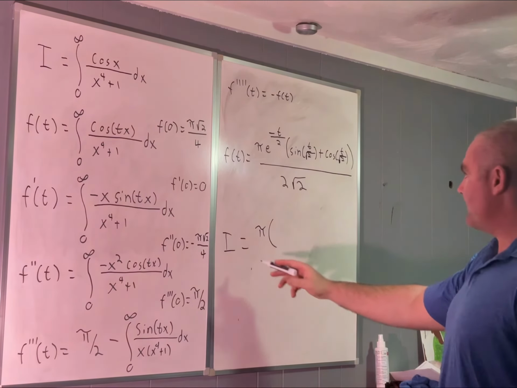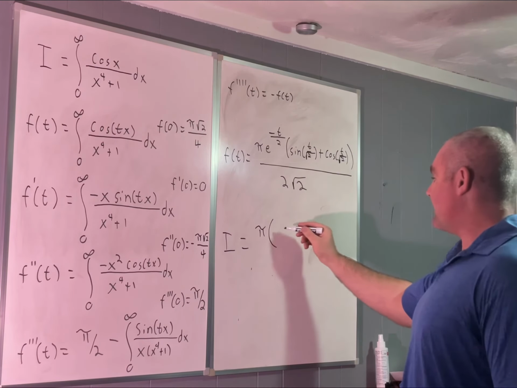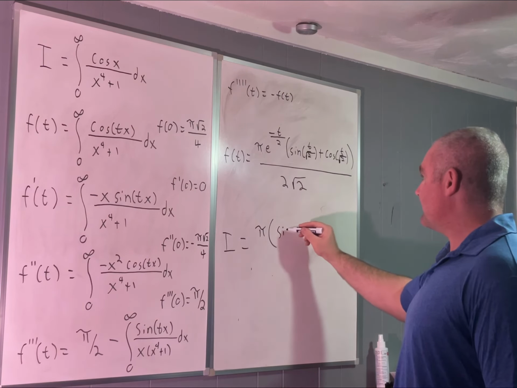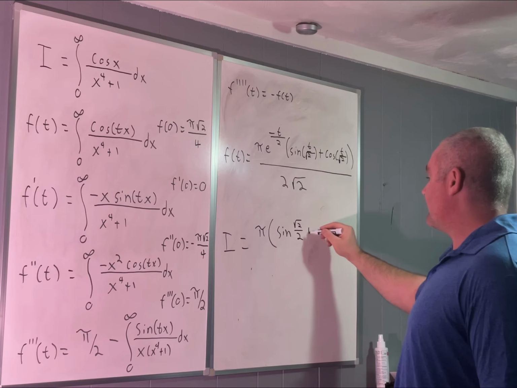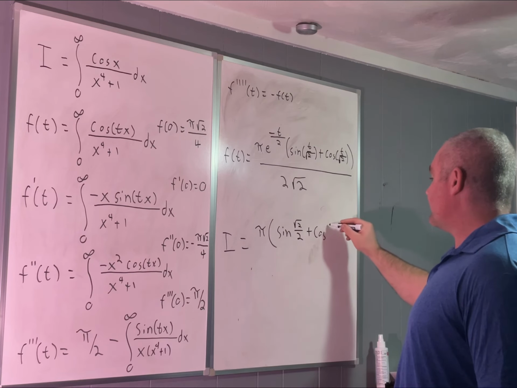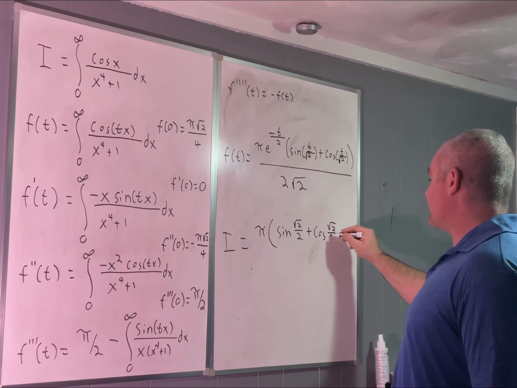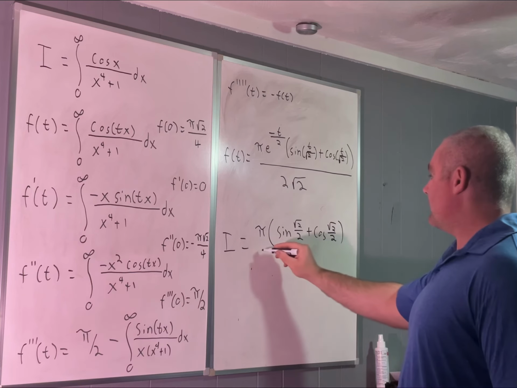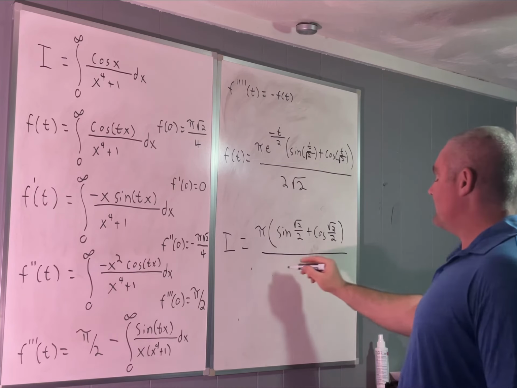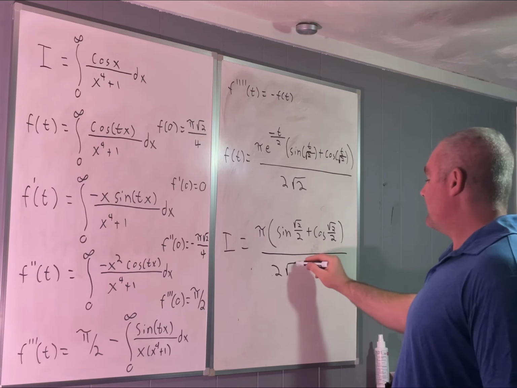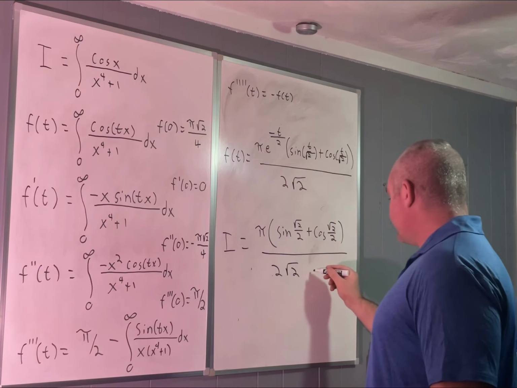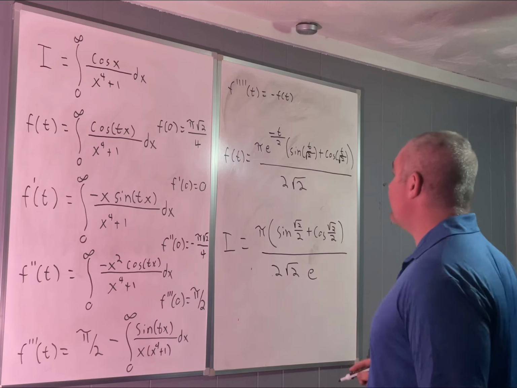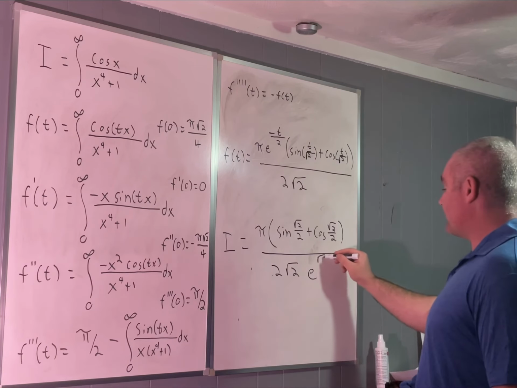So finally, what you get for I is pi times sine square root of 2 over 2 plus cosine square root of 2 over 2, over 2 square root of 2, times e to the square root of 2 over 2.